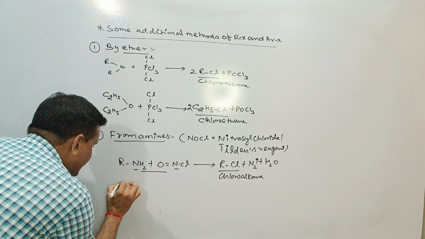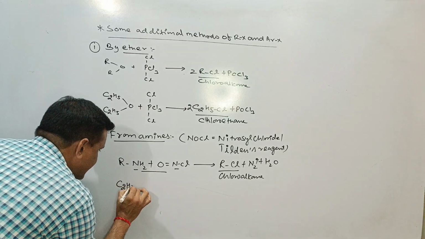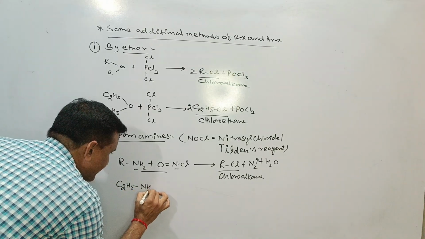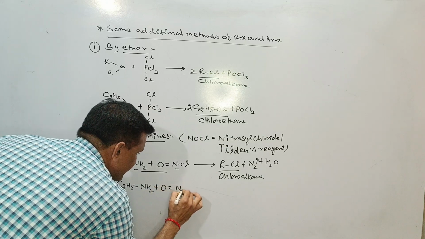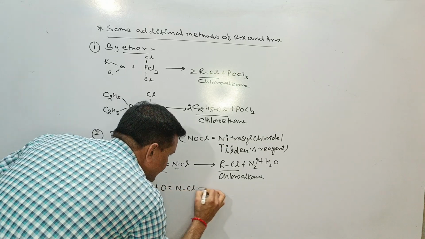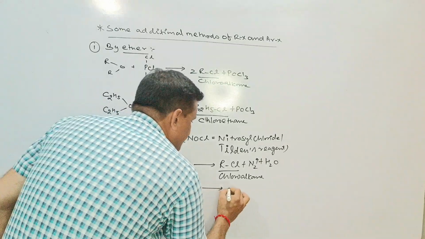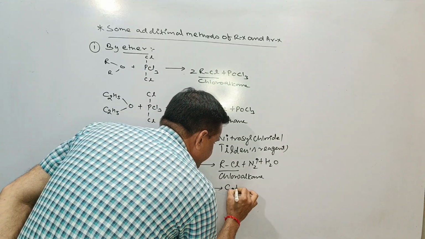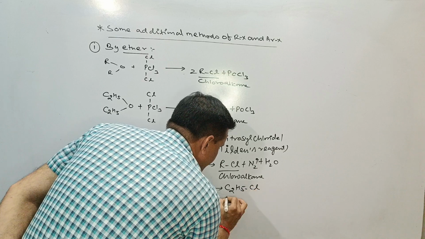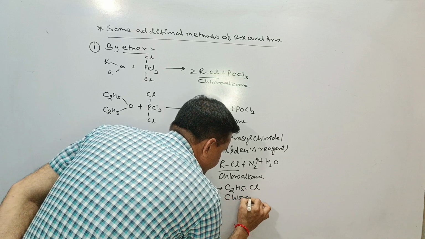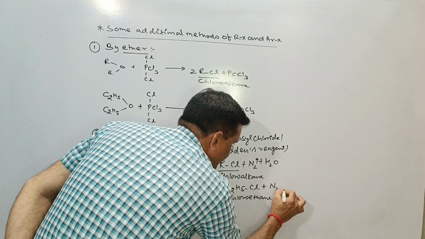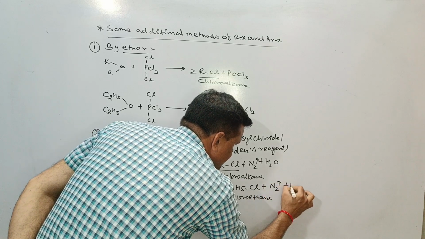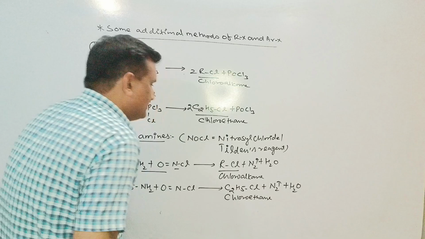As R, we can take C2H5, ethanamine. This is NOCl, Tilden's reagent. Here will be formation of C2H5Cl, chloroethane, and here will be formation of N2 plus H2O.